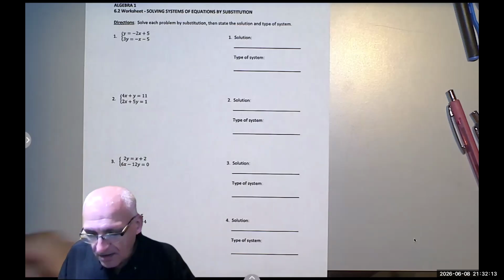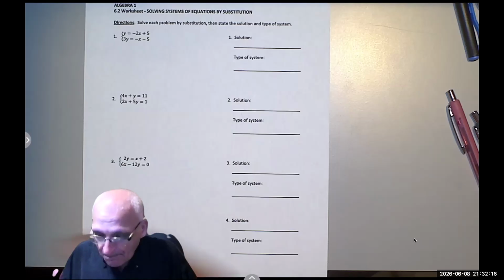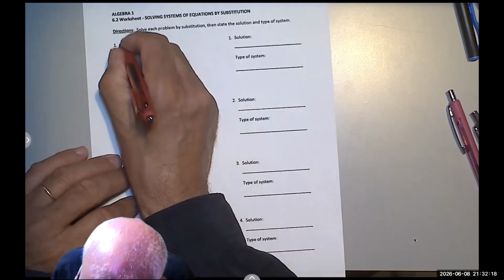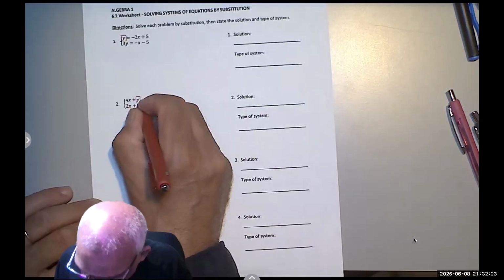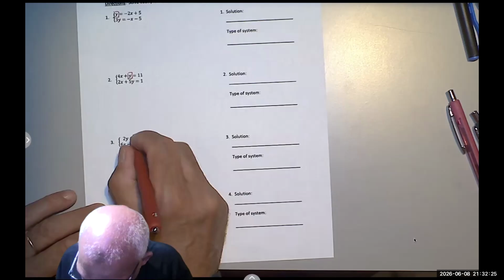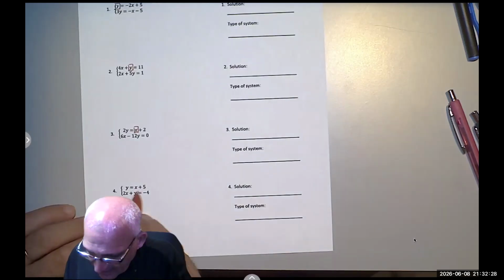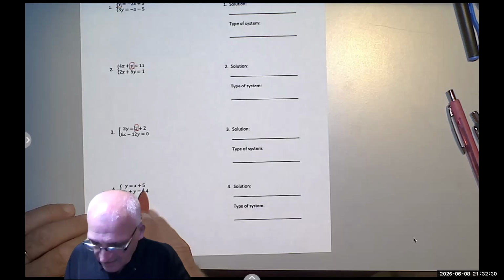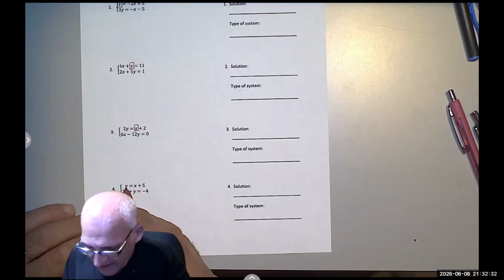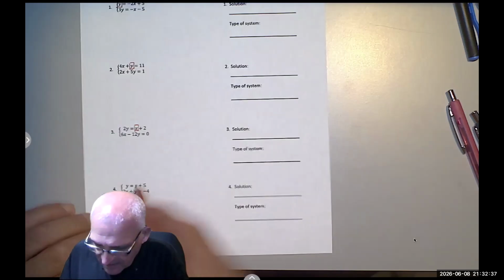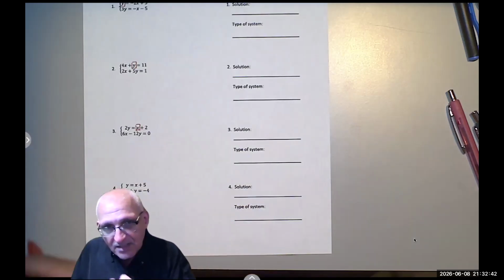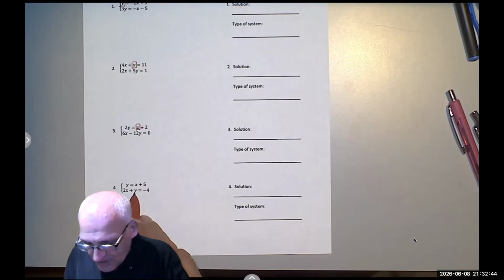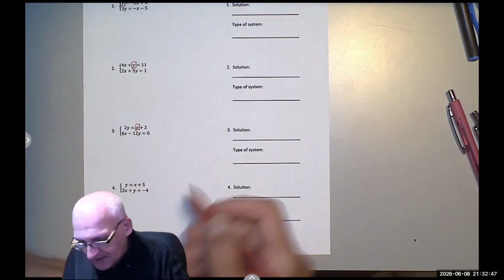So you see the problem would be fractional, but if I identify a y here, and an x here, I believe y would be easier because I already know y equals x plus 5. But if I want to use x, I would say x is y minus 5. I have to do some operations to separate x. Same thing here. I can use this y, but I have to do something to find it.